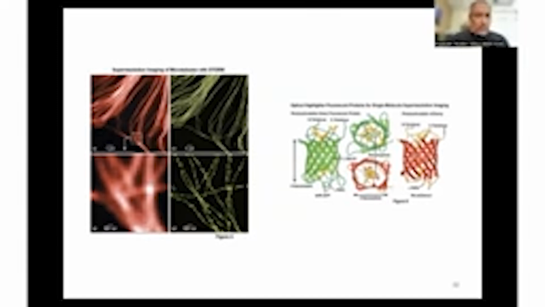So if you have a fluorescent strand that looks like this, the quality of that image can be improved dramatically by STORM microscopy. These are similar images which are taken with a regular confocal microscope and with the super resolution imaging microscope.